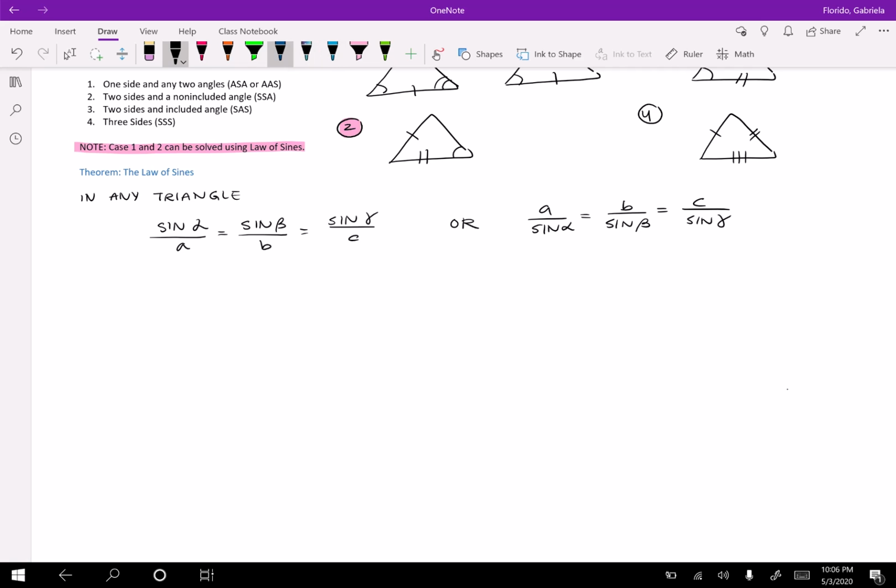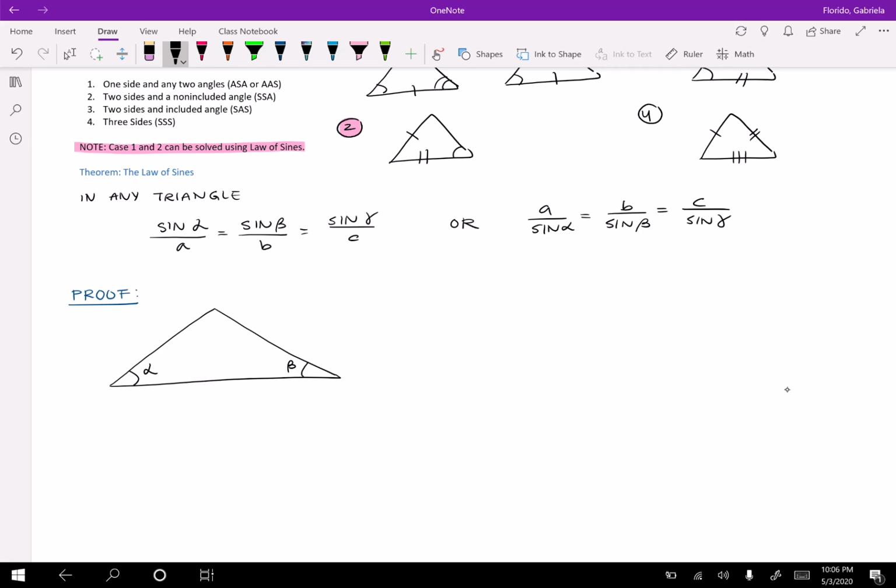Let's actually prove it. You guys already know that I love proving things, so let's actually prove this. So let's suppose that we have some oblique triangle, because again, it's supposed to work for anything. So let's suppose we have this oblique triangle, and that alpha is here, and beta is here.